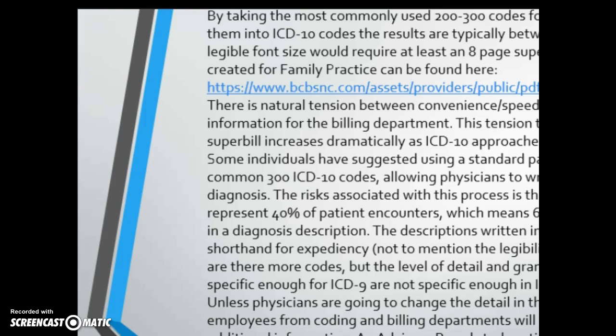And one of the things that definitely stands out to me as a coder is that initially it might be a little difficult to get familiar with the new codes and the new required documentation and information that needs to be presented in the patient chart. But in the long run, it's going to be easier.